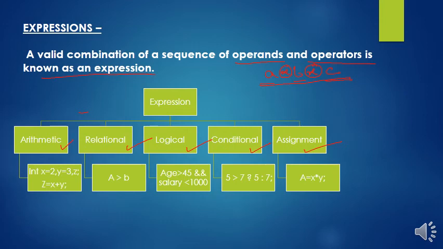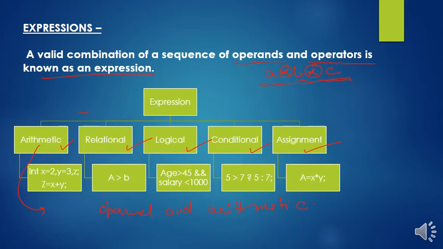So first one is an arithmetic expression. A valid combination of operands and arithmetic operators is known as an arithmetic expression.